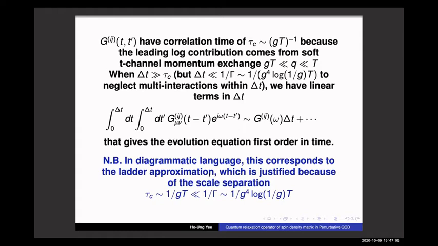And this time scale gT inverse is much shorter than the time scale of our interest, which should actually be larger than the... Yes, let me go to the next slide.